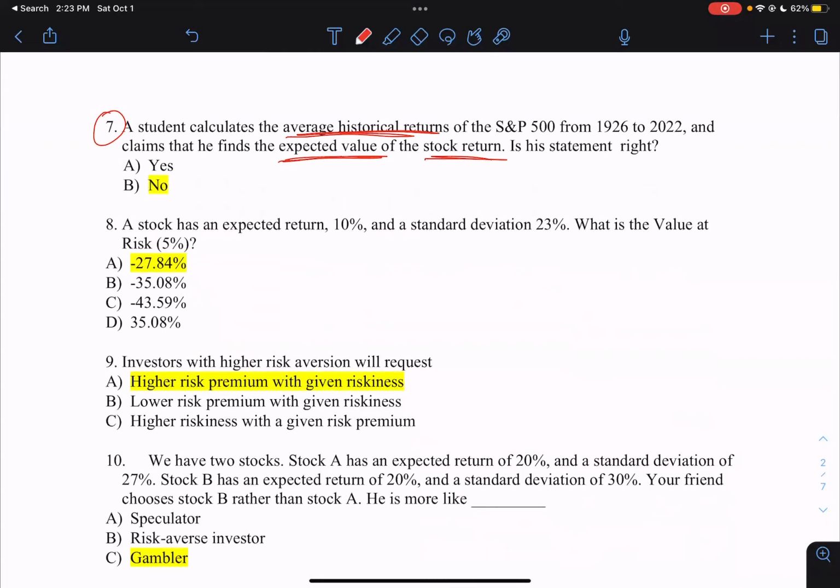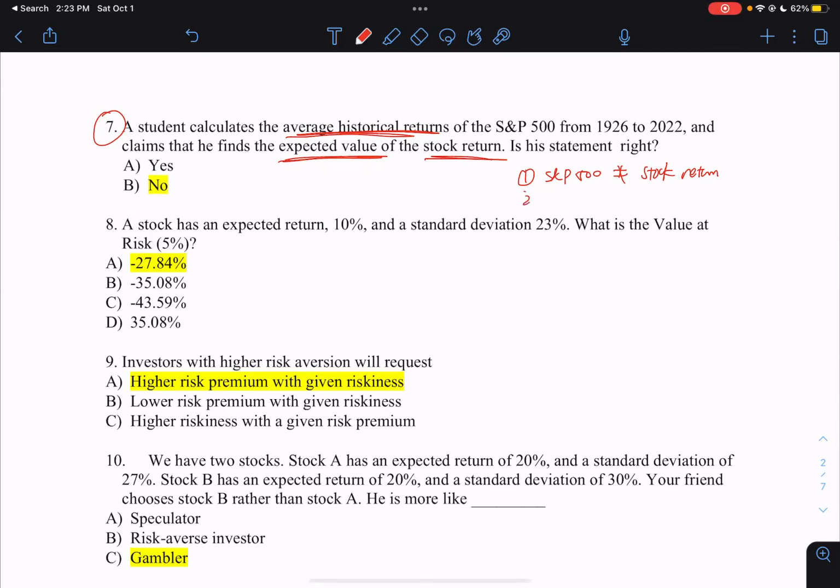So the answer is no, in 2 senses. First one is S&P 500 is not equivalent to stock return, okay? Because S&P 500 is a portfolio, it's an index. It represents the whole stock market, but not exactly stock return.